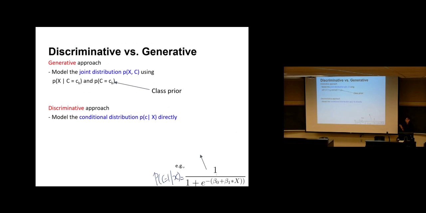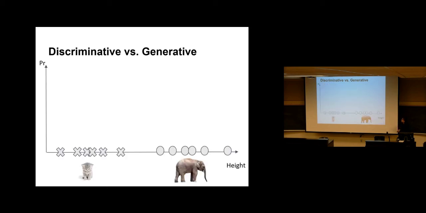So let's compare discriminative classifiers versus generative classifiers. A generative classifier models P(x|c) and P(c) itself, while a discriminative classifier models P(c|x) directly. Let's use a figure to show this.